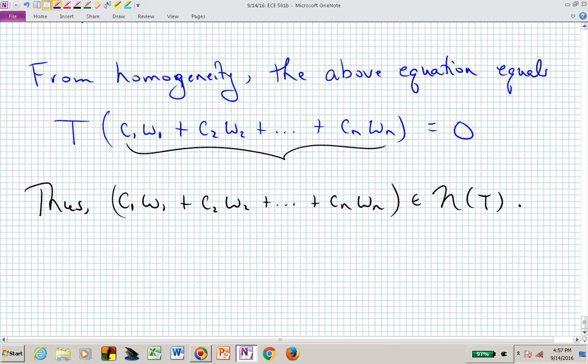But we have a basis for the null space of T, which means that if that's a vector in the null space, we can write that as a linear combination of our basis vectors in the null space.